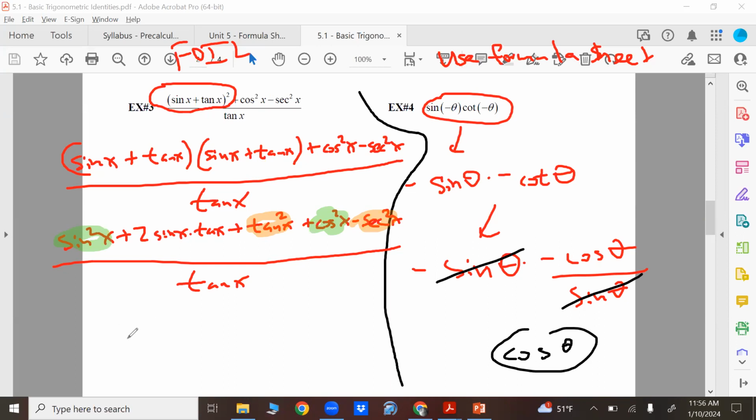Okay, wait, sine times tan. You can cancel out as sine and sine. Because you look, tan is sine over cosine.